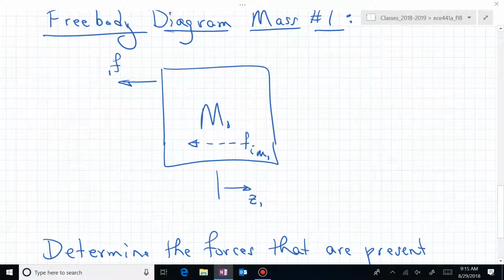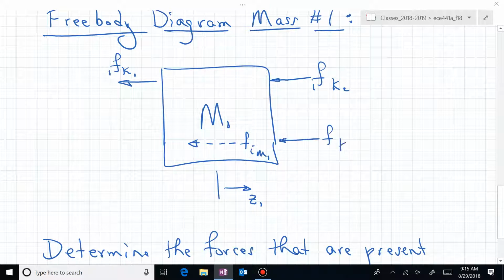So that if I now have another F sub K sub 1 in another free body diagram, I'm going to label it on the left consistent with that free body diagram. And we have the force due to spring 2 in free body diagram number 1. We have this force due to spring 3 in free body diagram number 1.